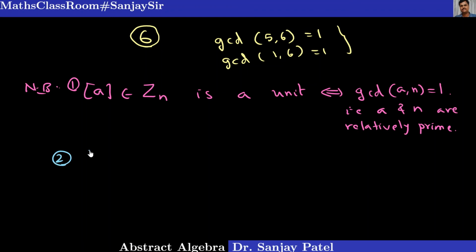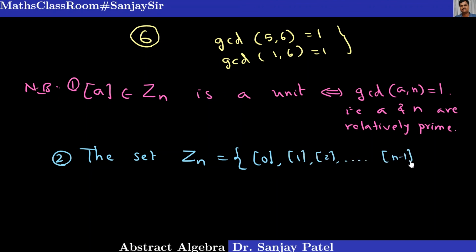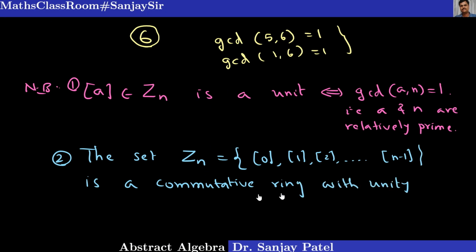The set Zn, which contains the numbers or the residue classes class 0, 1, 2, 3 up to n minus 1, is a commutative ring with unity with respect to the operations of plus n and dot n.